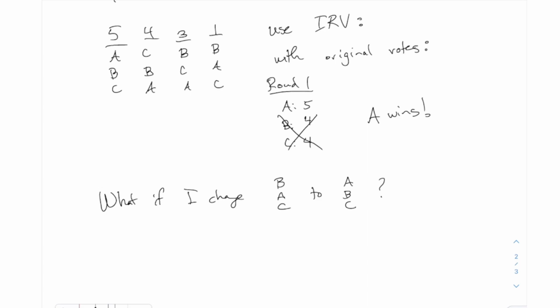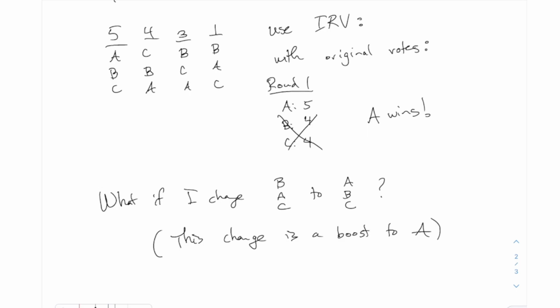Now, A was the winner, and the change here has boosted A up, all right? In a sensible system, A is just going to win even harder, right? Because I just moved A up. But actually, you will see that doesn't happen. So what if I change BAC to ABC? Let me just say, this change is a boost to A, right?